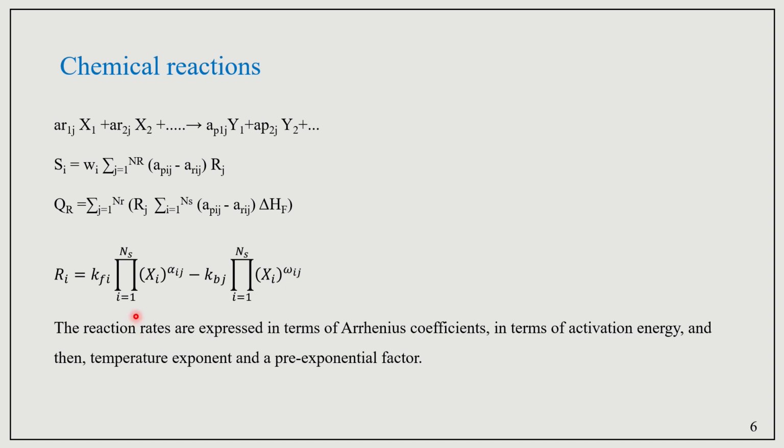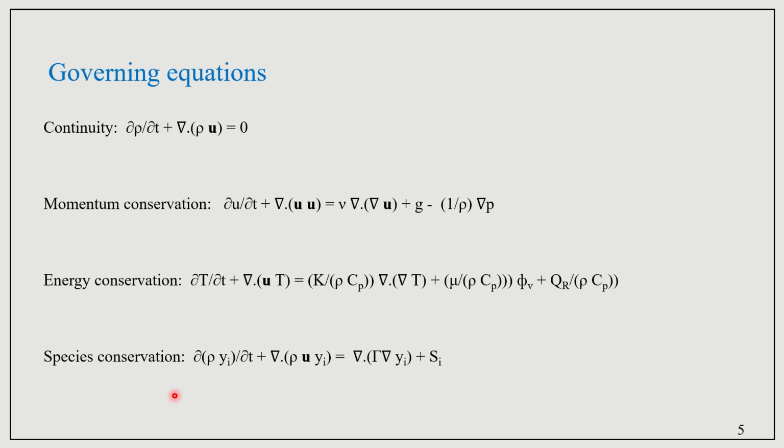So reaction rate constants are expressed in terms of Arrhenius coefficients, in terms of activation energy, temperature exponent and pre-exponential factor. All these terms are used in expressing the reaction rates. Explicitly, the reaction rate terms are not present in the heat transfer and mass transfer equations, I mean the species conservation equation, but inside the species equation we are able to see the presence of these terms.